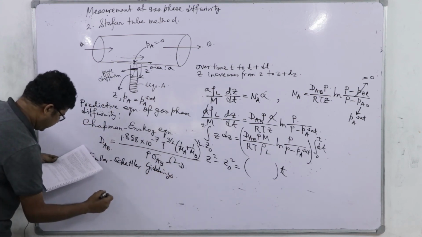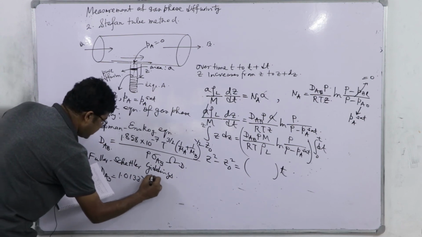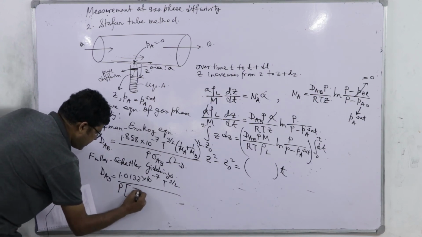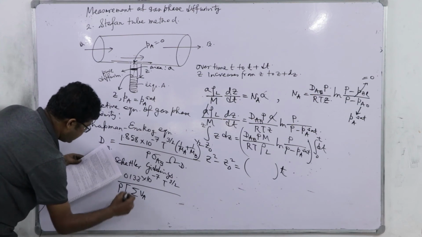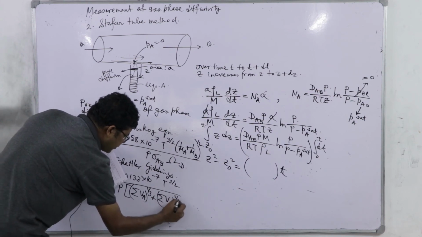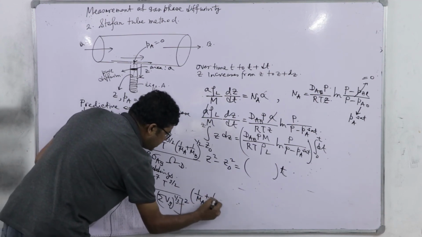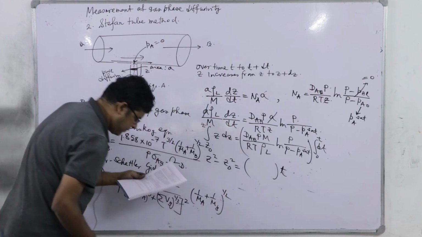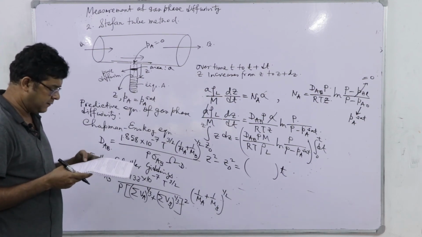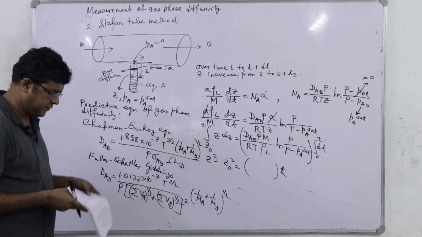This is less accurate compared to Chapman Enskog, which states that DAB is equal to 1.0133 into 10 to the power minus 7 T to the power 3 by 2 divided by P, then sigma of VA to the power 1/3 plus sigma of VB to the power 1/3 whole square, into 1 by MA plus 1 by MB whole to the power half, right, and that is in meter square per second, where sigma of V for each component can be estimated adding the atomic diffusion volume data available for the different structural groups and all.